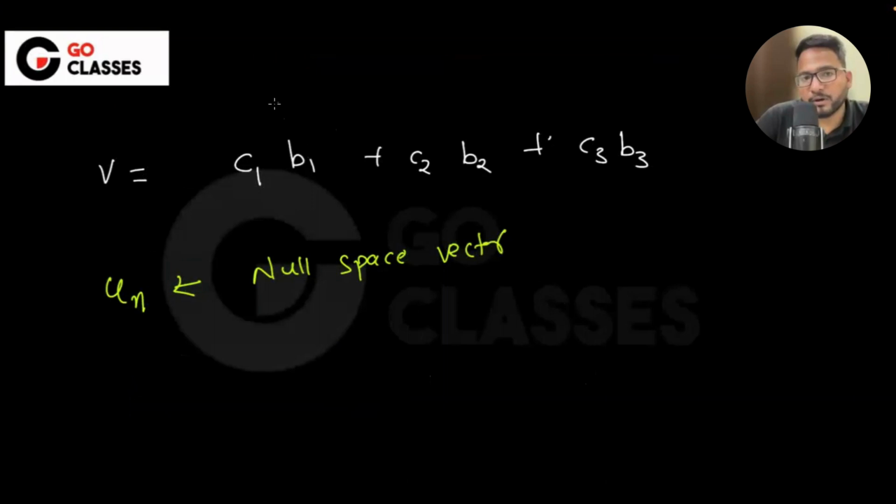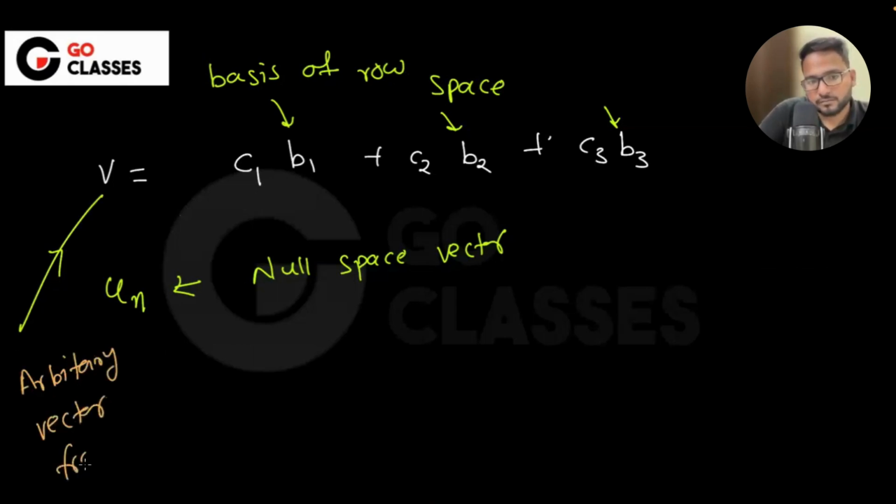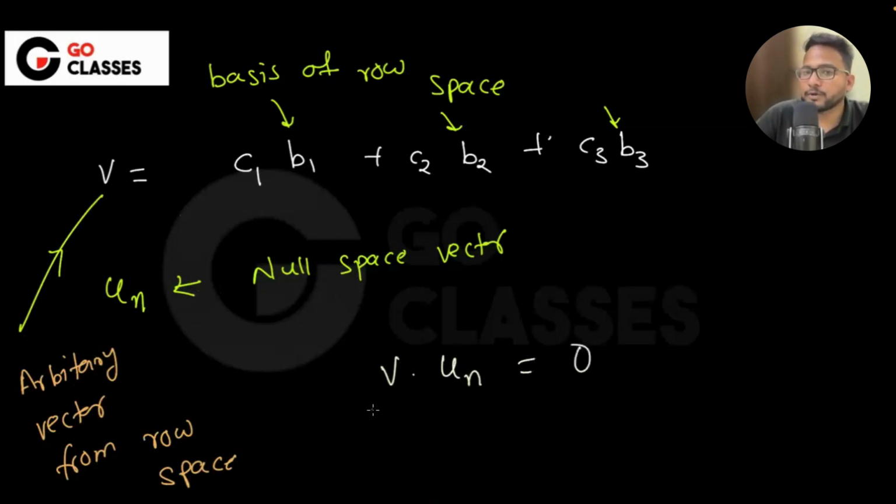Since we know that b1, b2, b3 are the basis vectors of the row space, and this vector v is some arbitrary vector from the row space, now what I'm saying is that if this basis is orthogonal to this un, don't you think the dot product of v and un will also be zero?